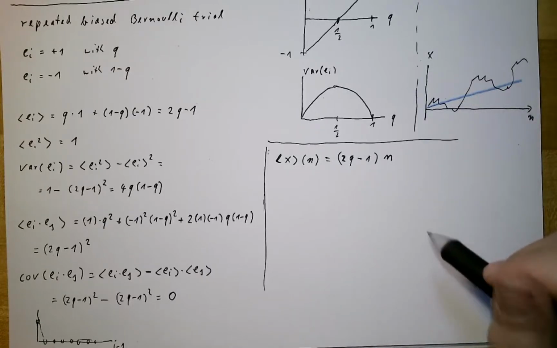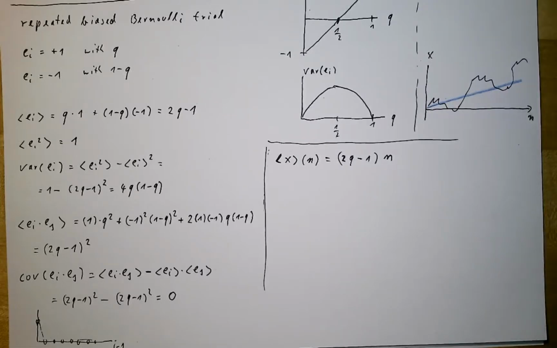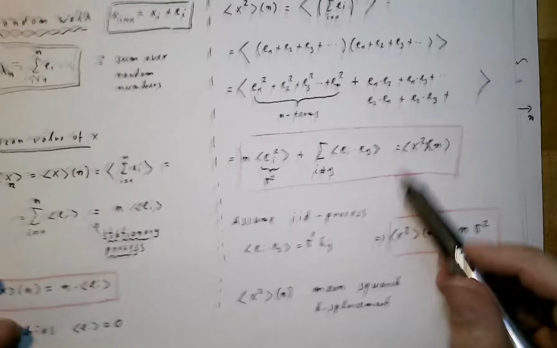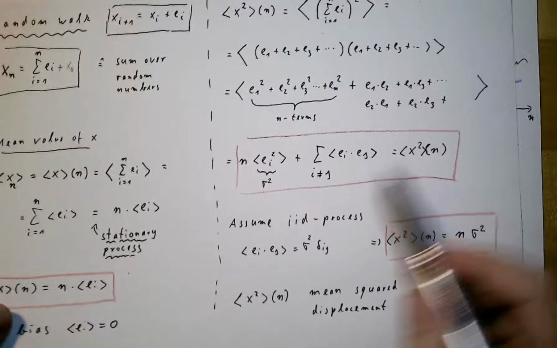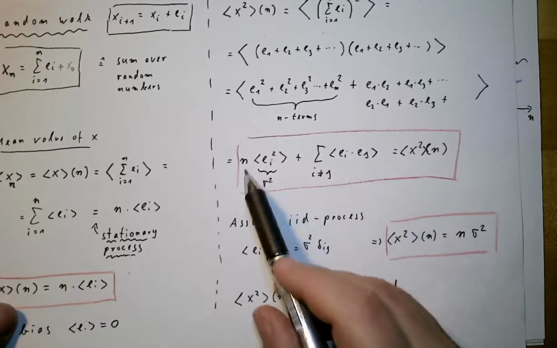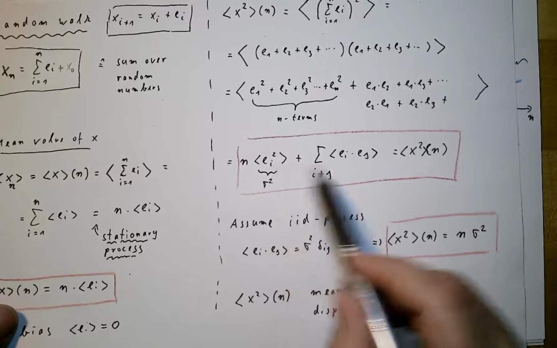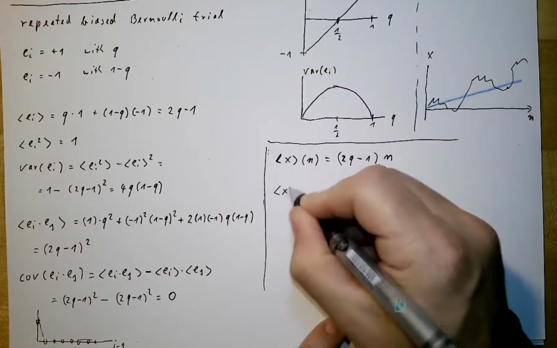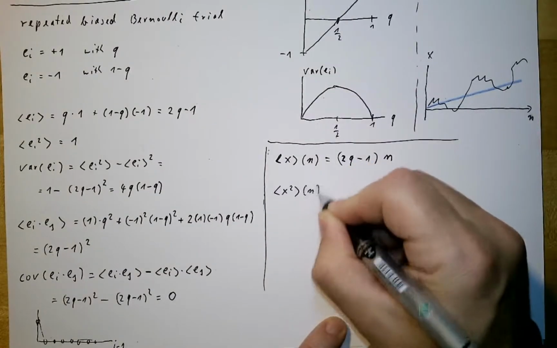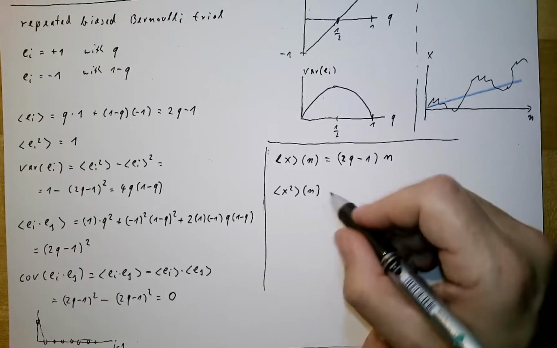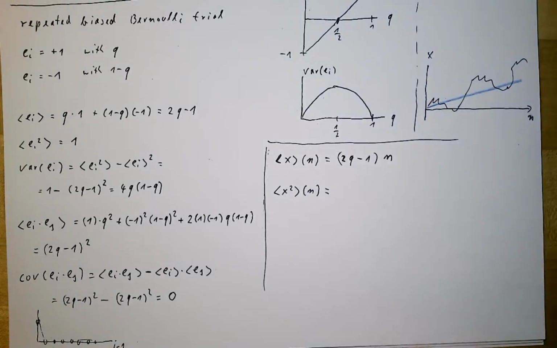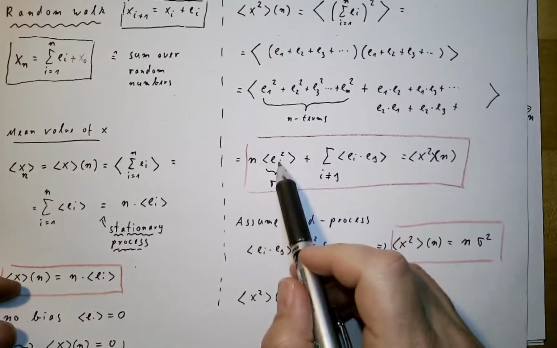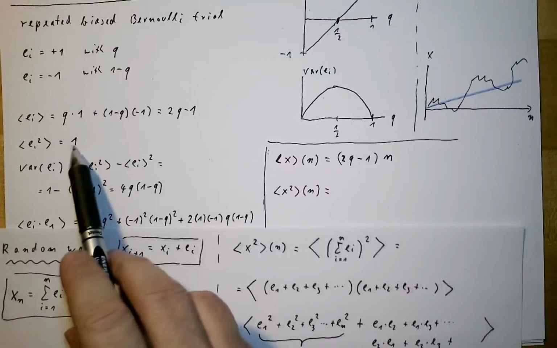So now what can we calculate next? Well, we can see what the second moment of our walker is. Then we need this formula: n times the second moment of the increments plus this correlation sum. So let's see, what is the second moment as a function of time? Let's look again: n times the second moment, but the second moment is 1.